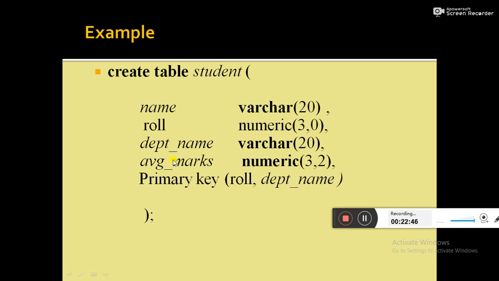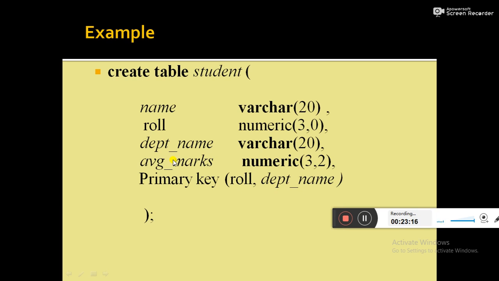So in that case, what should be the primary key? Why am I telling this? Because suppose we assign roll number as a primary key, can we uniquely identify a particular record? No, because if we write roll number 1, that particular student may belong to CSE as well as to EC.